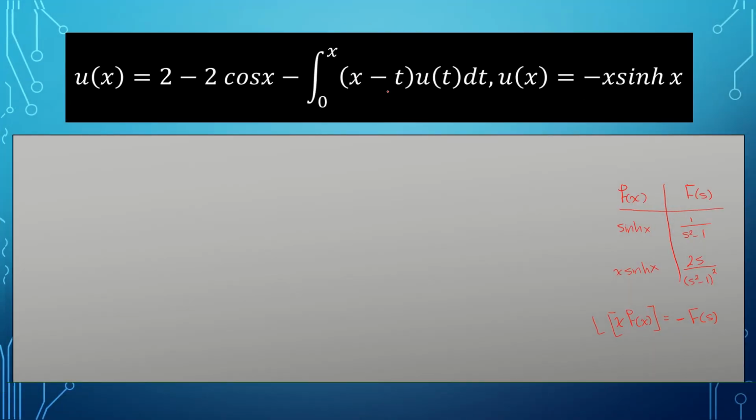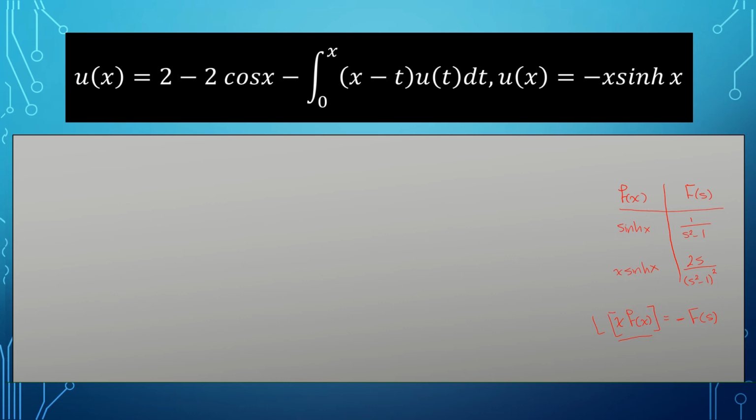Before solving this integral equation, we need to remember that f of x, when it is sin x, its transformed form is 1 over s squared plus 1. What if it's x sin x, which is x multiplied by the f of x, and in our case the f of x is sin x?